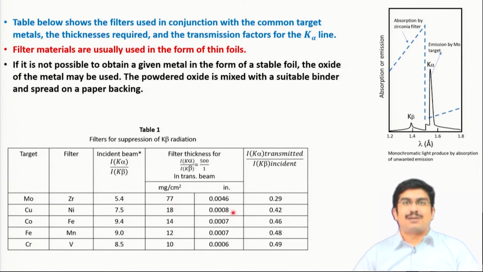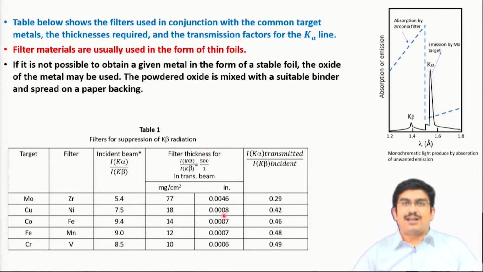Now, if we use a nickel filter with a thickness of only 0.008 inch, a very thin nickel filter, with this density rho value, you will be able to cut down the K beta and maintain the ratio of K alpha to K beta at 500:1, which, as I just explained, is sufficient for any diffraction and is the gold standard for any diffraction experiment.